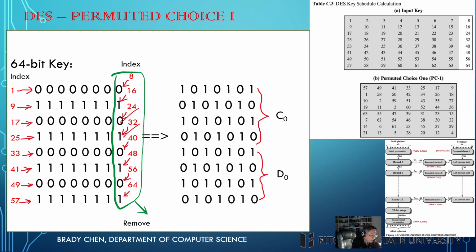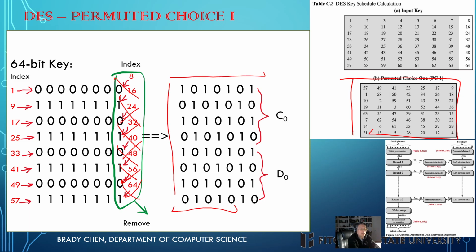We eliminate the last one, and then we reorganize the remaining 56 bits based on this permuted choice 1 table, and so we generate this new 56-bit output. And then the first half is called C0, and the second half is called D0.